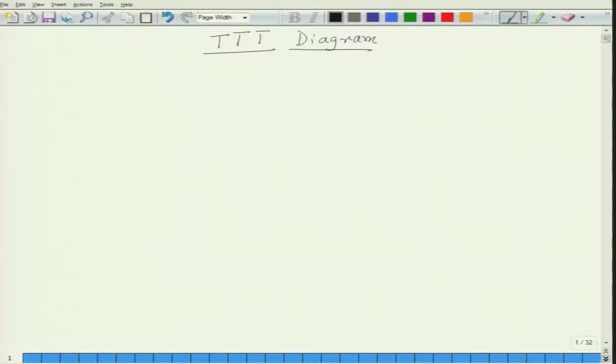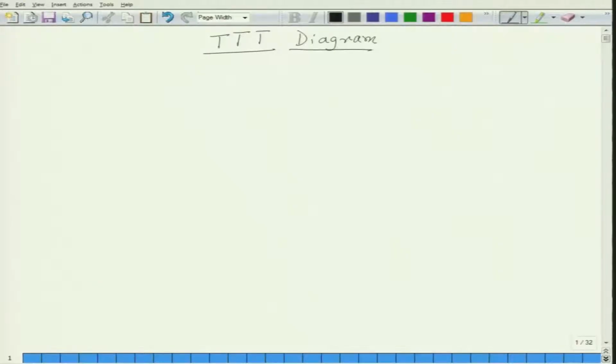And actually this TTT diagram tells you what temperature and what time you would like to employ for getting some sort of changes in your material which is desired by you.